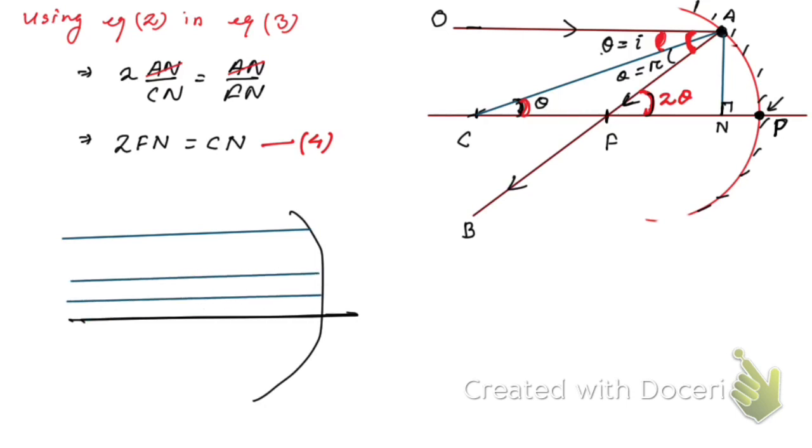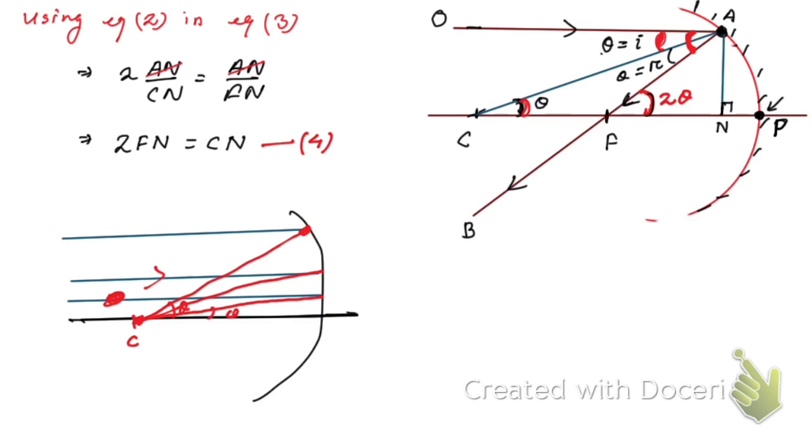Now you see, suppose this is the center of curvature. If you take this and join these 2 points, then this theta will be larger. Then if you consider this line, theta will be smaller, right? Then if you consider this line, which is very close to the principal axis, then theta will be the smallest one in this case, compared to the first 2 cases.